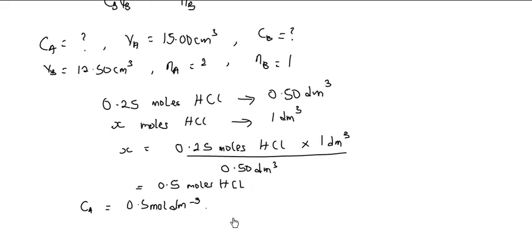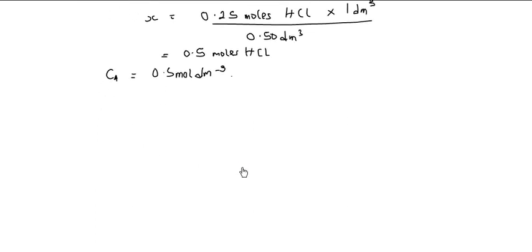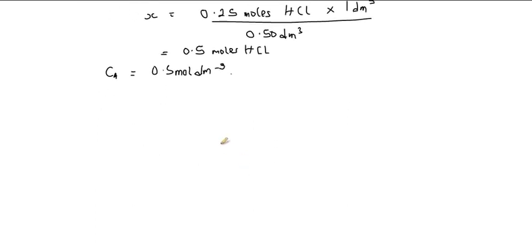So now that we've gotten Ca, then it remains Cb, and that's what we are being asked to calculate. So to get Cb, we'll be making Cb the subject of the formula. So we'll say Cb equals CAVA times NB divided by VB times NA. So let's substitute the value.